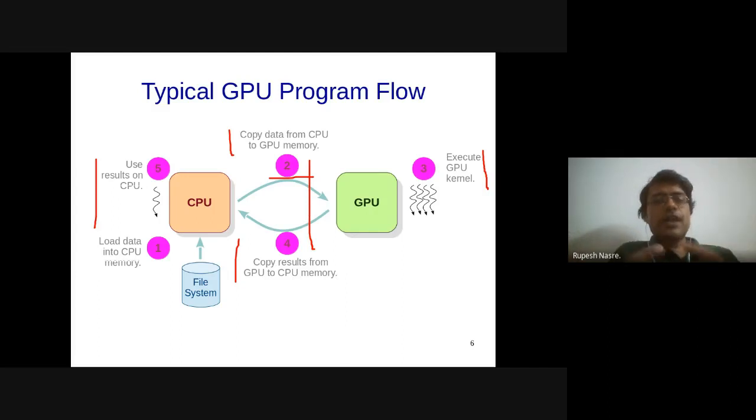Together they then merge the results to get the final result. That is also possible. This kind of computation is called heterogeneous or hybrid computation, where the CPU and GPU are working in tandem with each other and achieving a final task. All right, so I hope this overall flow is clearer.